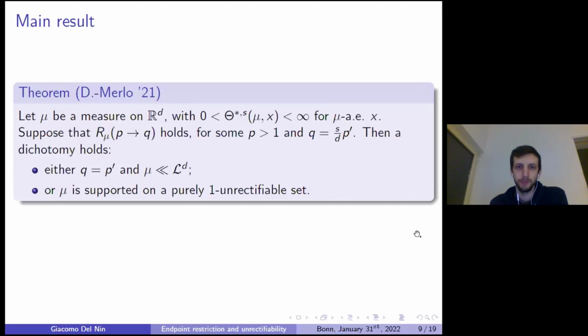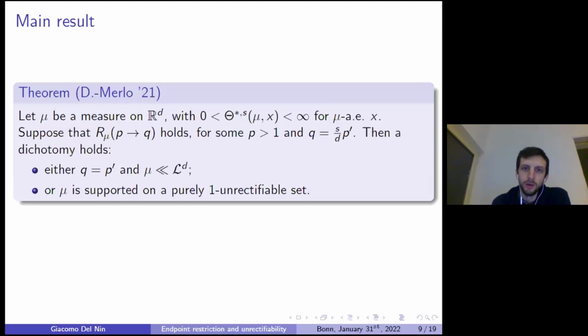So for some p bigger than 1, and for q equals S over D times P prime, then we have a dichotomy. Either, on one hand, the exponents are dual to each other, and as a consequence, the measure is absolutely continuous, or the measure mu must be at the total opposite of the spectrum and must be supported on a purely one unrectifiable set.